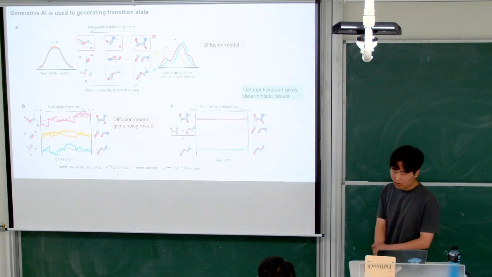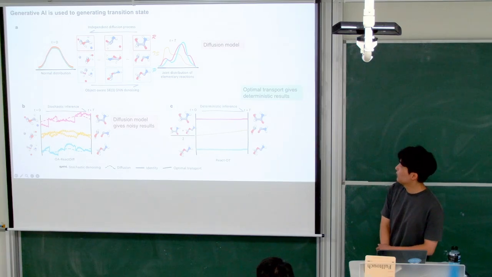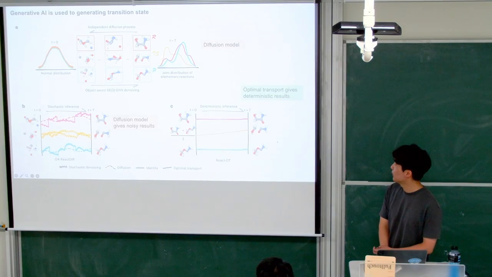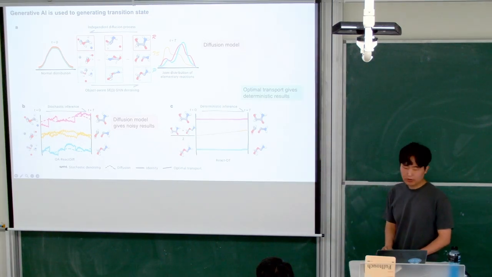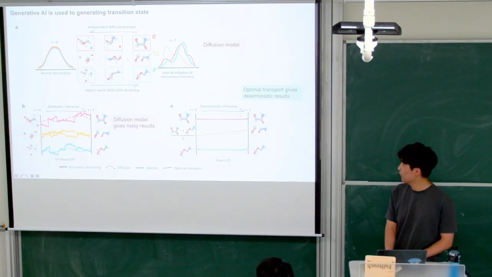So the authors try to think of some deterministic way to generate something. This is one purpose. So here, the middle picture on the right side is the transition state. So we basically run a map from left to right.